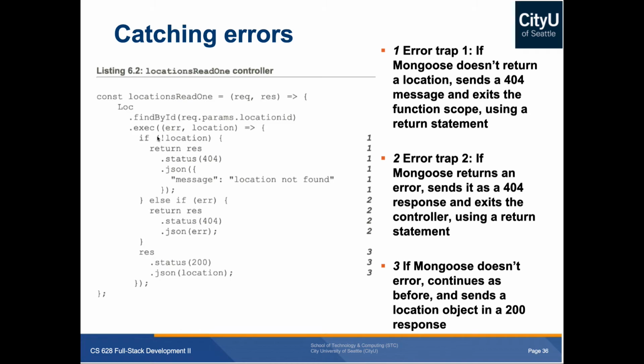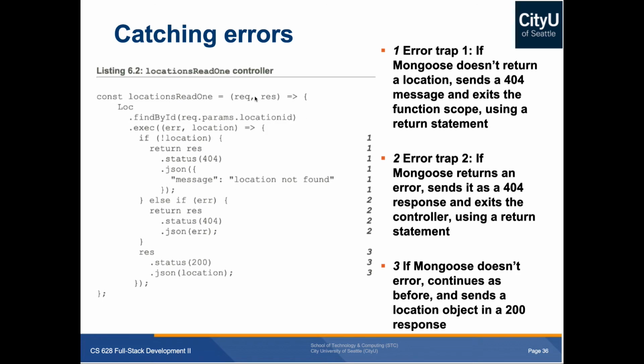If we didn't find that specific location, maybe it didn't really exist in the database, this is the if statement for that. If location does not exist in the database, let's return a response with a status code of 404 not found and a JSON object with the message, location not found.